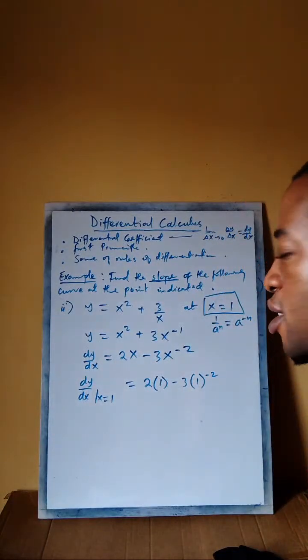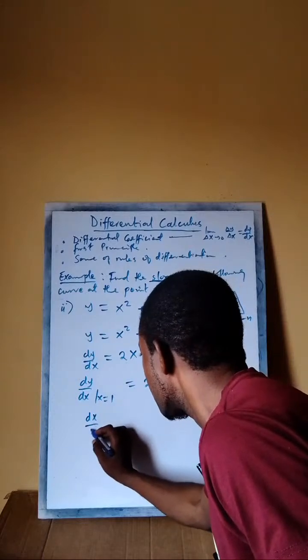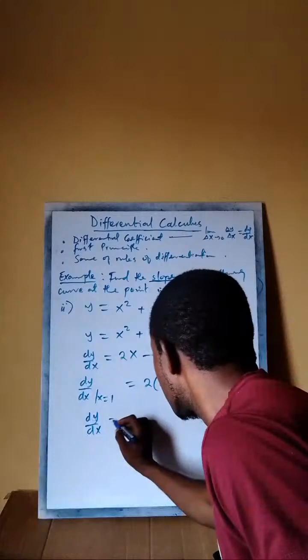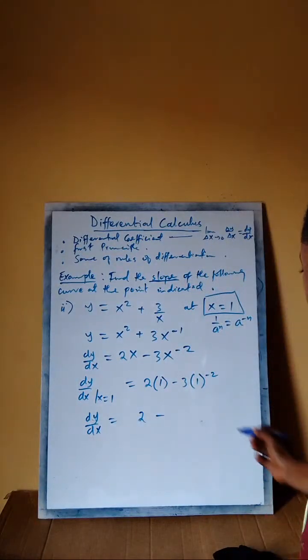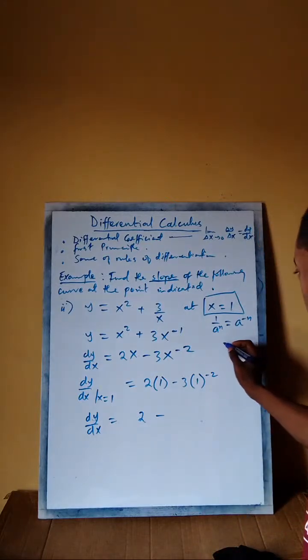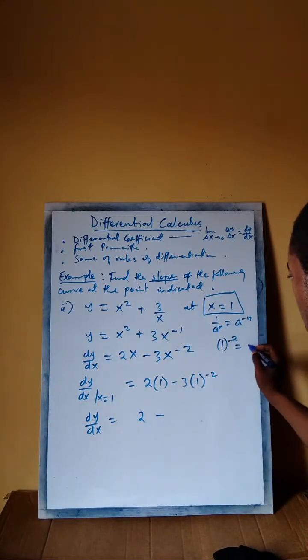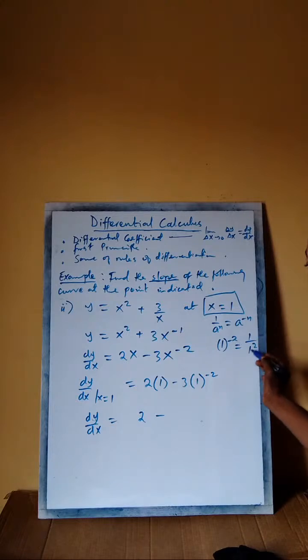So dy/dx is 2 times 1, that's still 2, then minus. What we have here will still be 1, because 1 raised to power minus 2 is 1 over 1 squared, since the negative serves as the reciprocal.